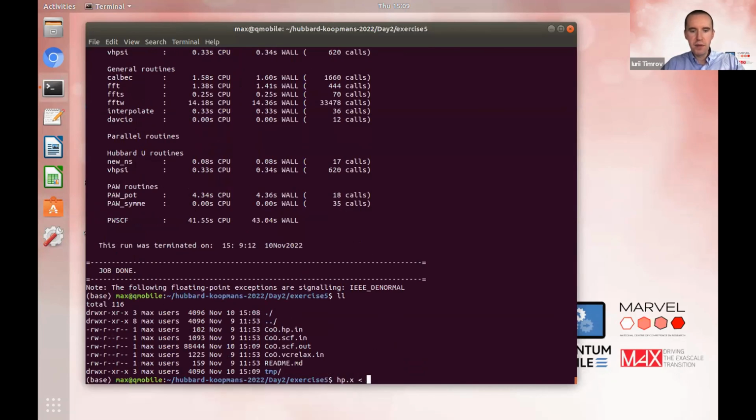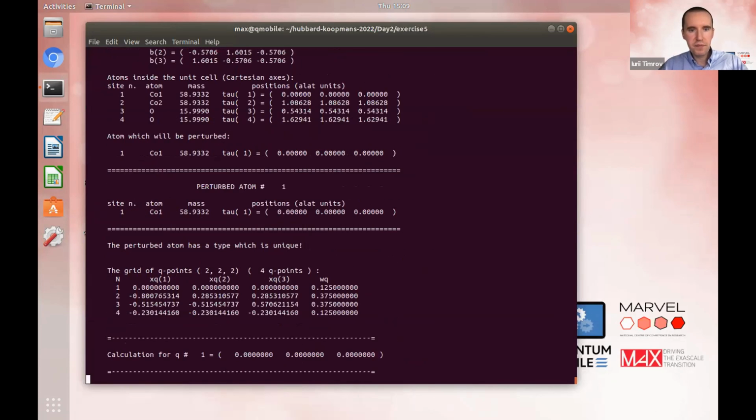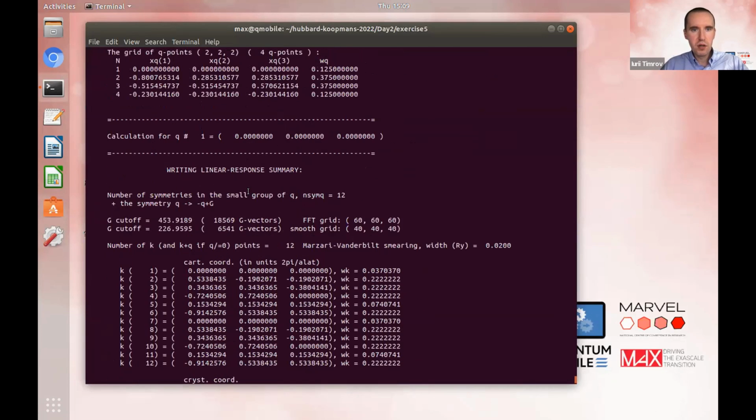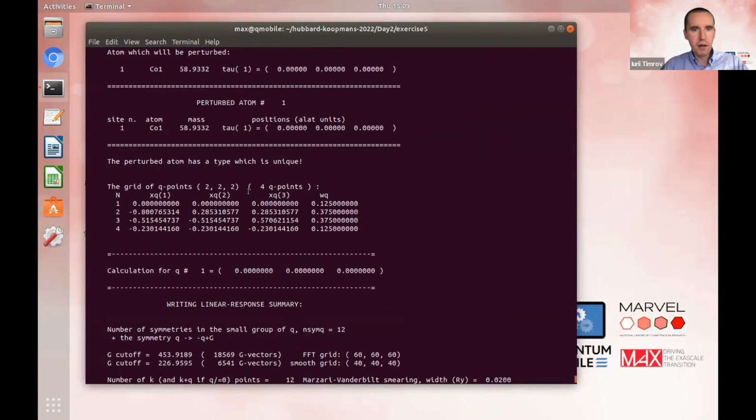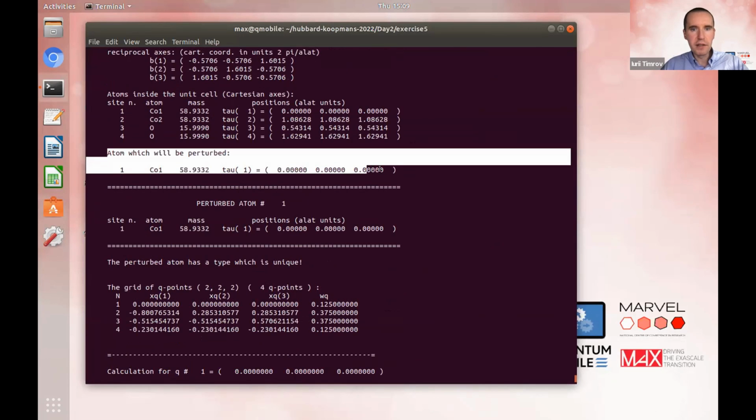hp.x, read the input from hp.in, and write the output to hp.out. Okay, the calculation has started. You see here in the output that the code will perturb only one cobalt atom.